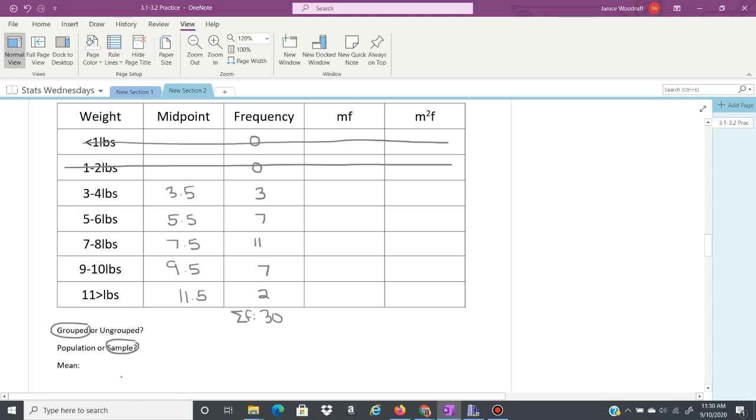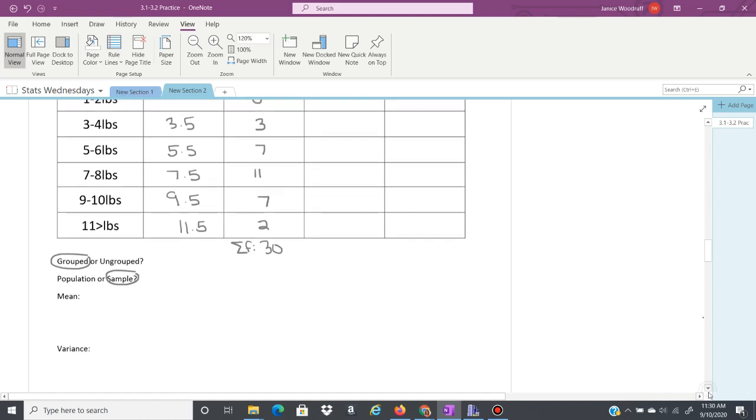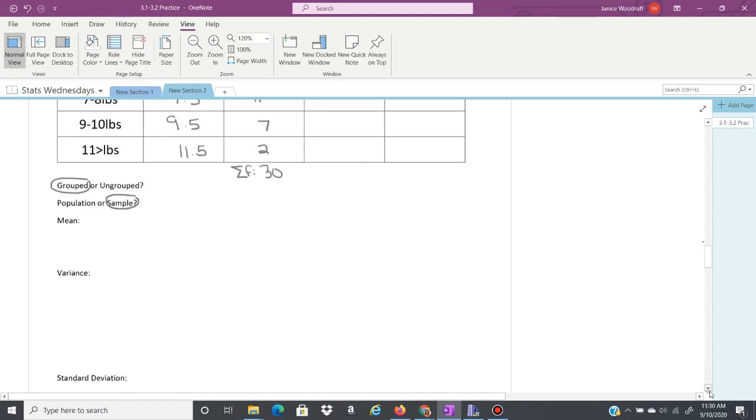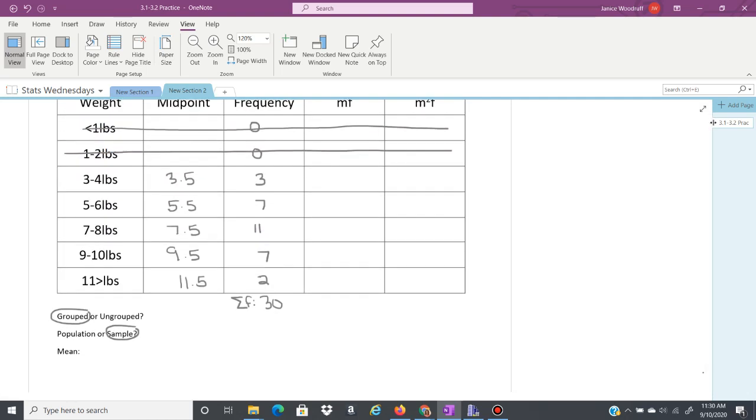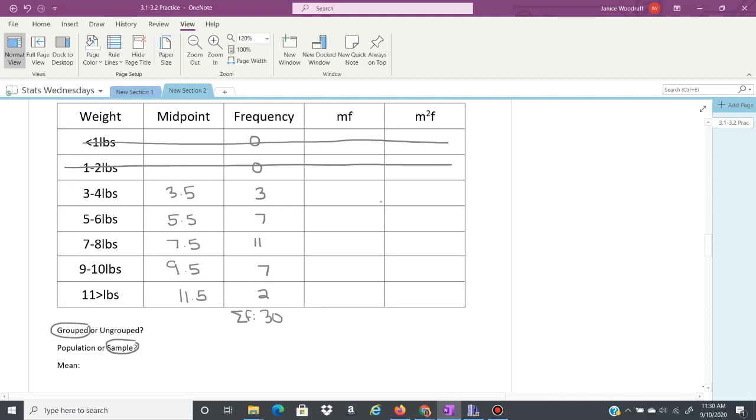All right, so I think we're doing the mean, the variance, and the standard deviation for these. Yes. Okay. All right, so let's first do the mean.